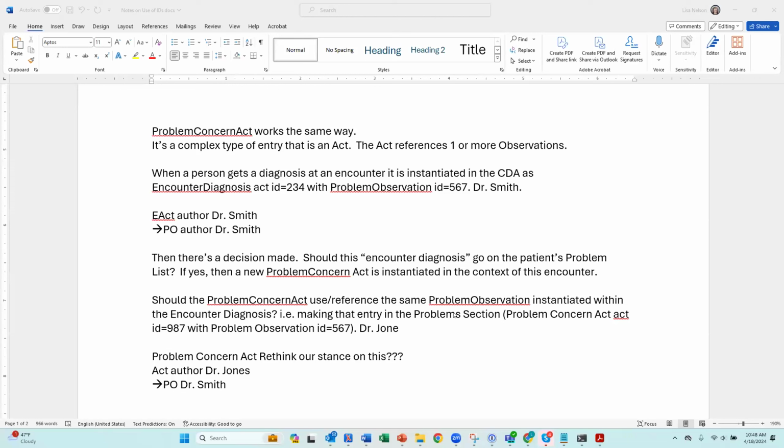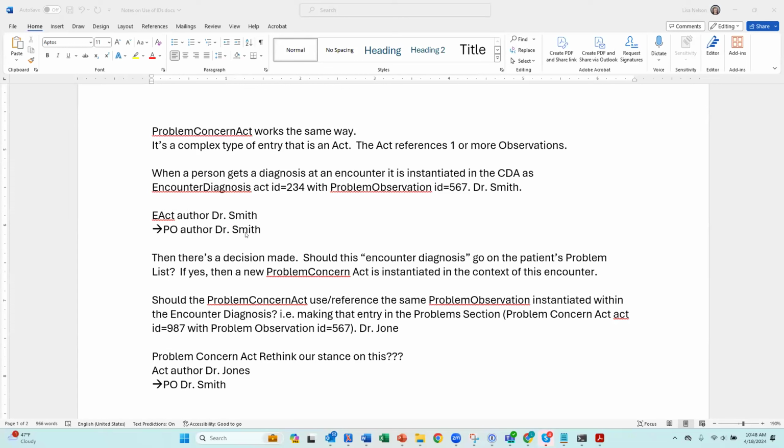Well, no, the problem observation is nested inside this act. The XML is a nested structure, and the entry is this outer act and has nested inside of it an observation. In this story, the outer act is the guy who did the encounter.